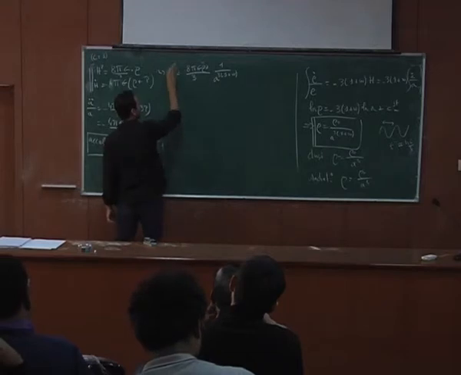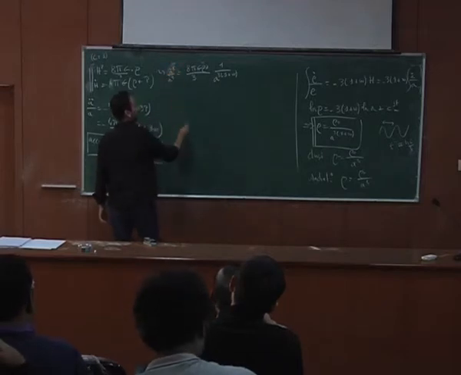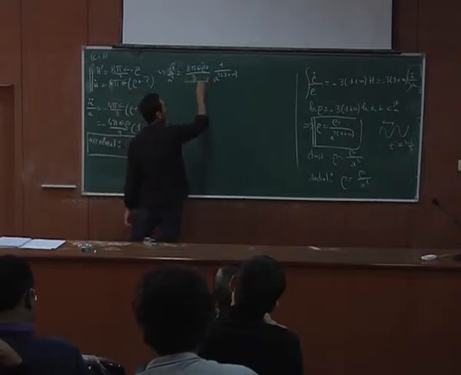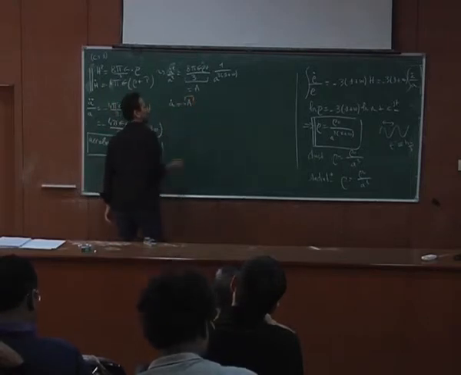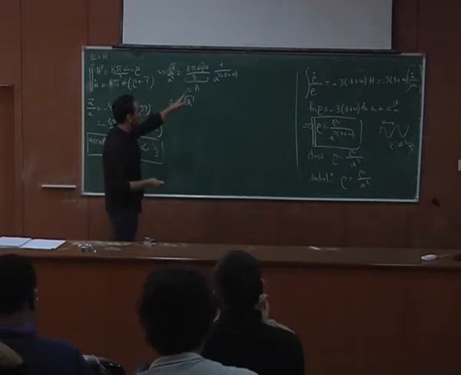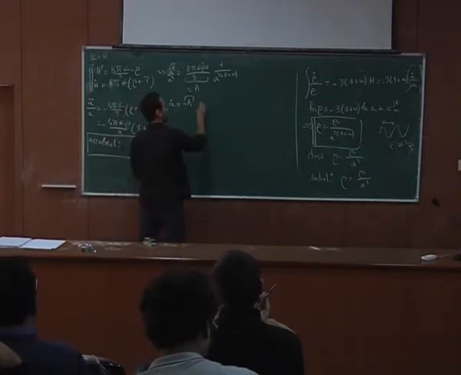And remember that H is A dot over A, squared. Let us call all this some constant A, not to write it all the time. So what you get is that A dot is the square root of that constant, and then you have an A squared there.